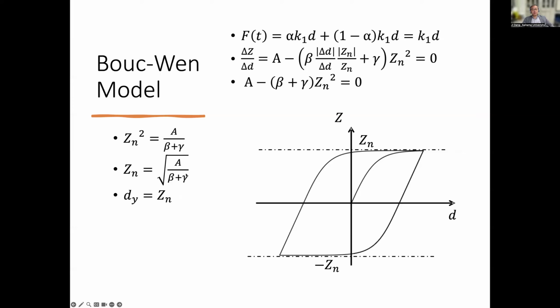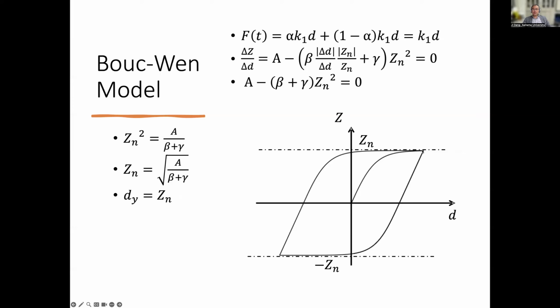Generally, beta and gamma are positive values, and in most cases we consider beta equals gamma. In this kind of case, unloading uses A equals 1.